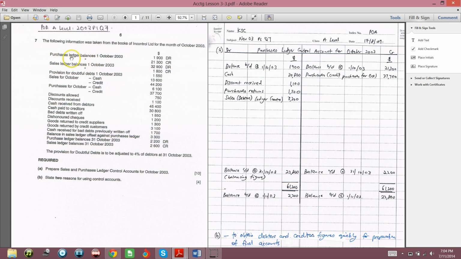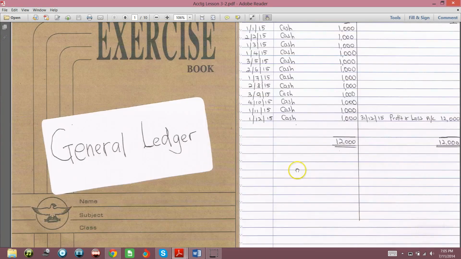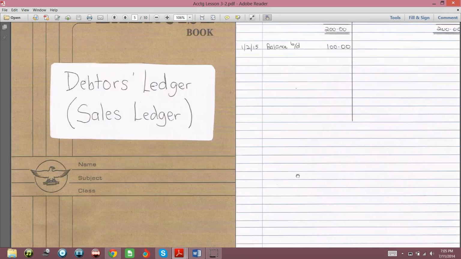Now look here: purchasers ledger balance on 1 October 2003. This one is 1009 debit balance, and this one is 21,300 credit balance. How come there are both debit and credit balances? I explained this in the previous lesson, and you should also have gone through it.